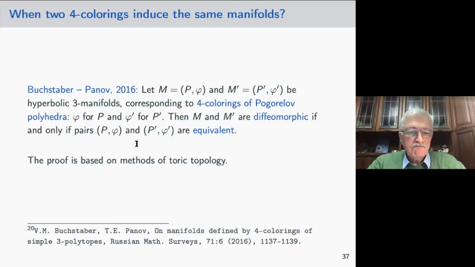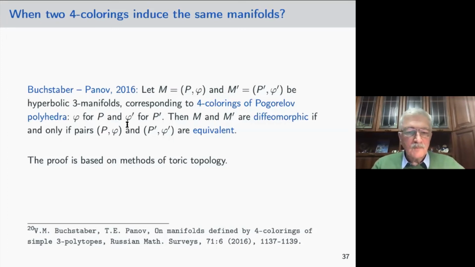The very natural answer was obtained by Victor Buchstaber and Taras Panov. They proved that if you have such a construction, suppose you have a manifold M and a manifold M prime, where M is obtained from a Pogorelov polyhedron P by coloring phi, and M prime from a Pogorelov polyhedron P prime using coloring phi prime.